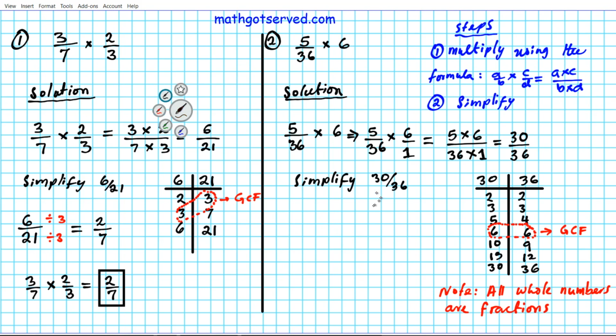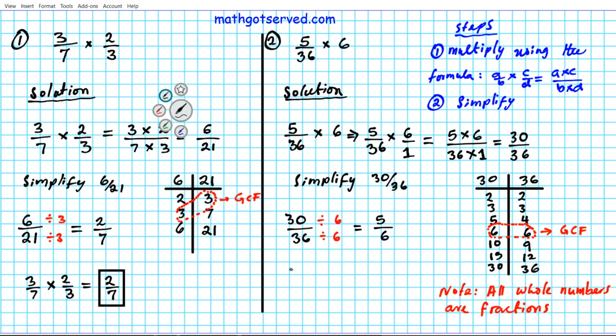So what we're going to do now is divide the fraction to be simplified by the greatest common factor, which is 6. All right, when you divide by the GCF, you get 30 divided by 6 is 5. 36 divided by 6 is 6.